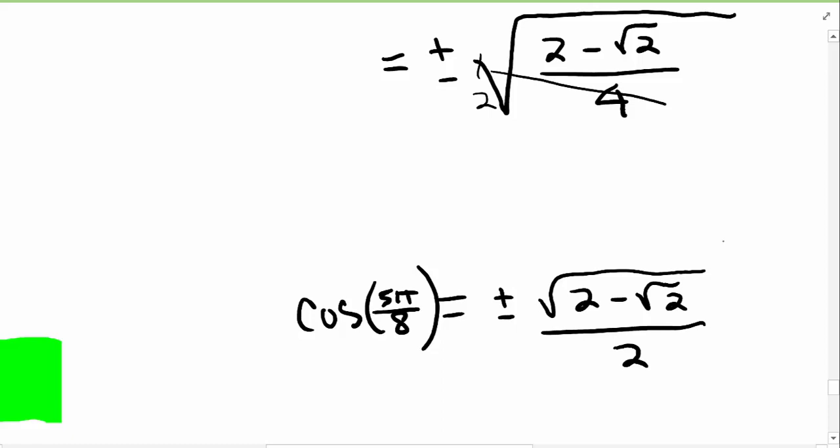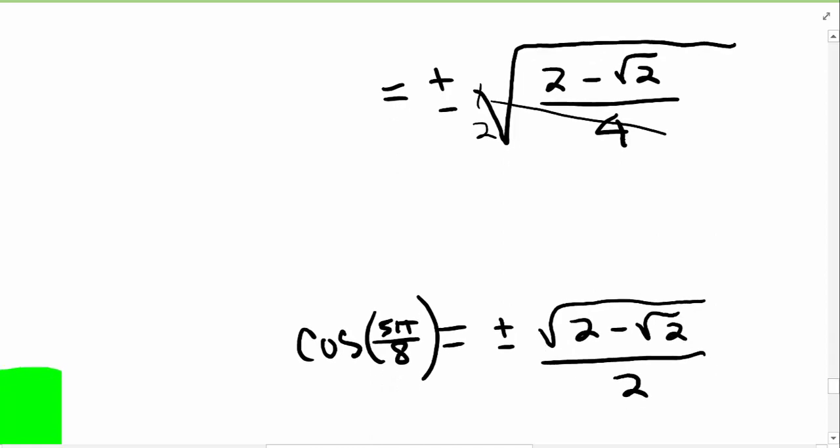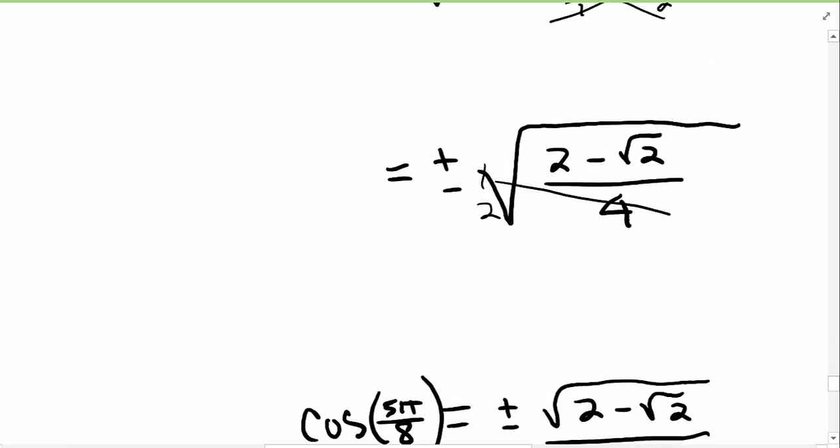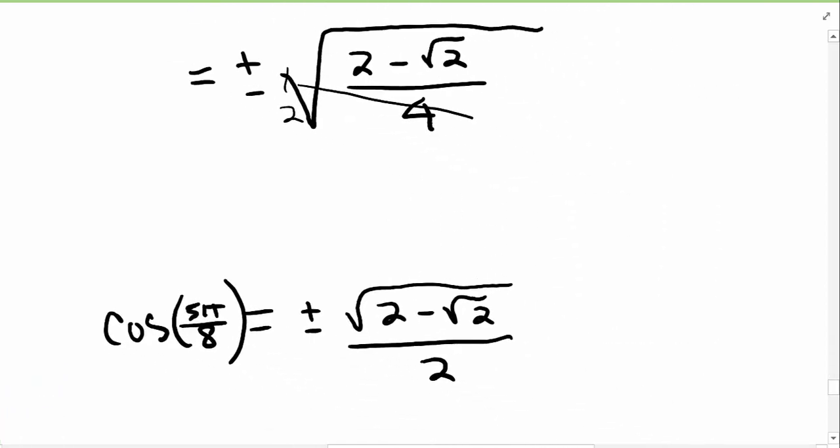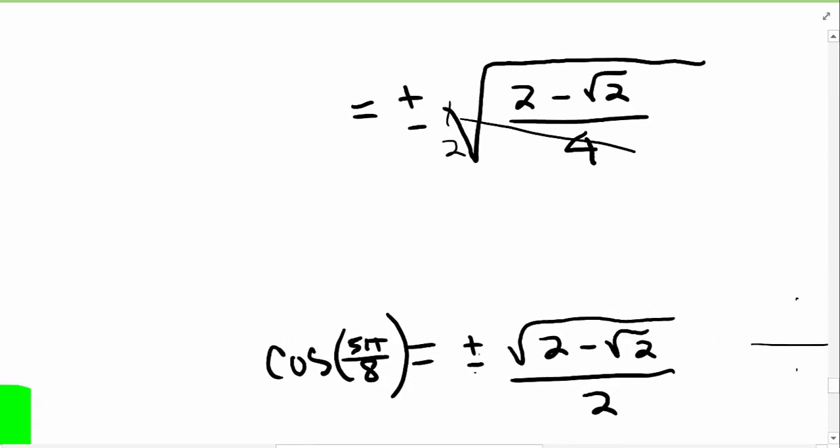And then think about the positive or negative version. Look at the quadrants that you're dealing with, and then you have to decide whether you're going to choose the positive or the negative, wherever 5 pi eighths is. That's what tells you whether it's going to be positive or negative.